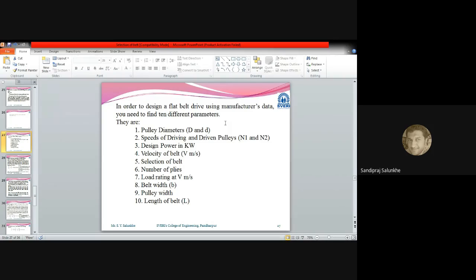So what are the processes by means of which we can go for the selection of the flat belt drive? No doubt that same process will be applicable for the V belts also. Okay, but formulas are modified somewhat, and the data which we are going to use is also different from the flat belt drive.